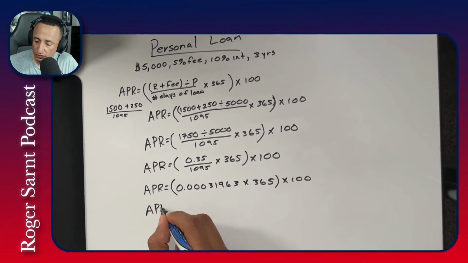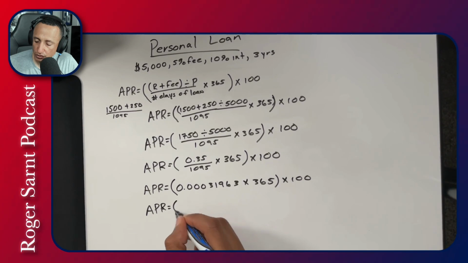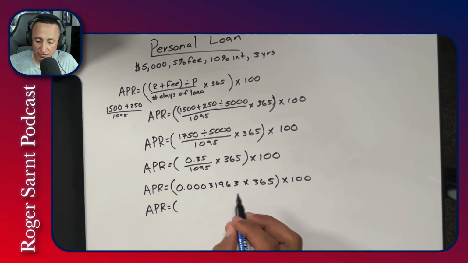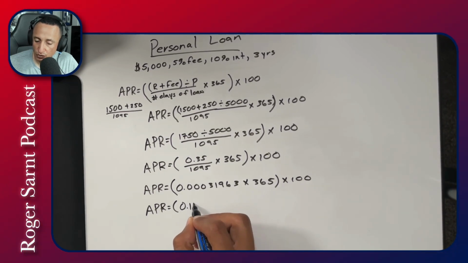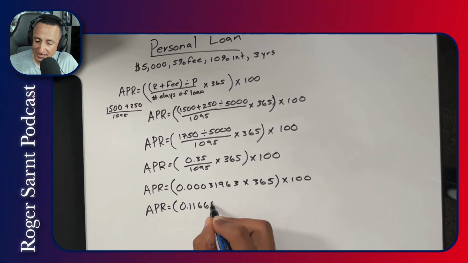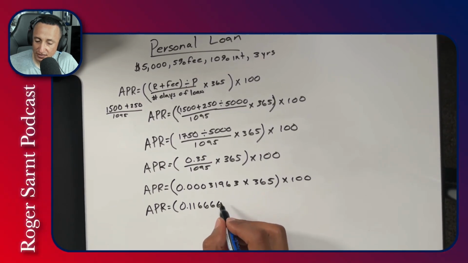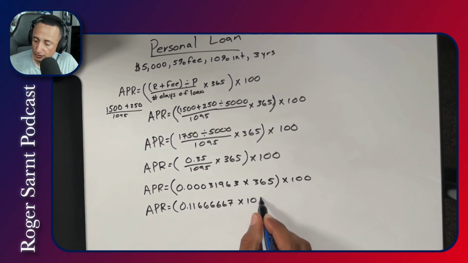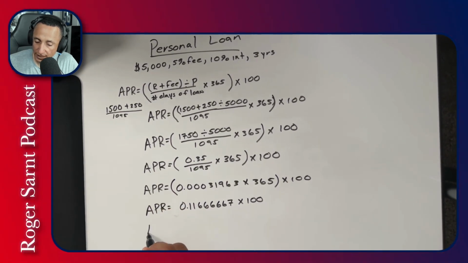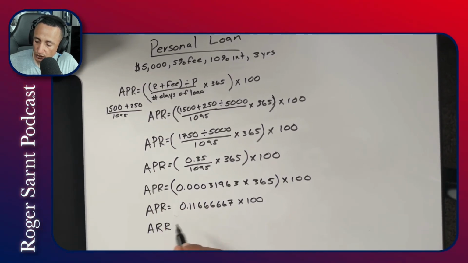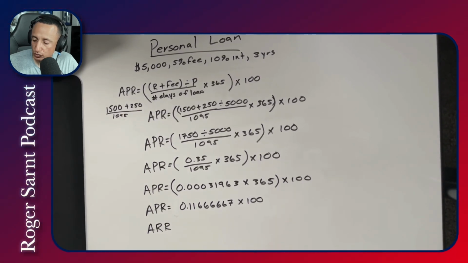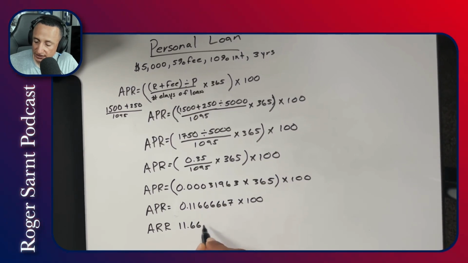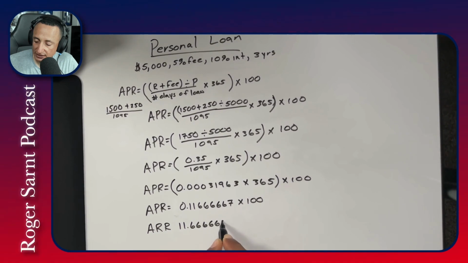So APR, now that we're ready to multiply the extremely long decimal number by 365, is going to give us 0.11666667 times 100. And now my APR, once I multiply that decimal number, 0.11666667 times 100, that's going to give me 11.666667.